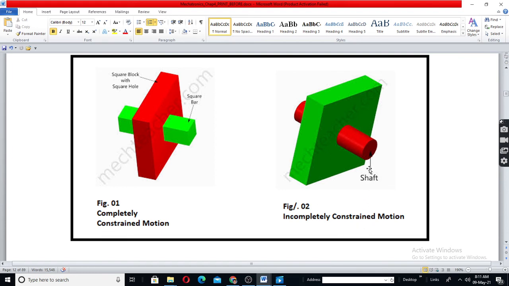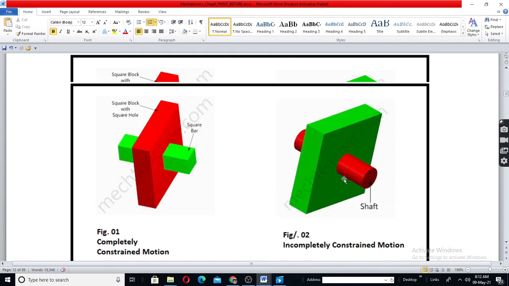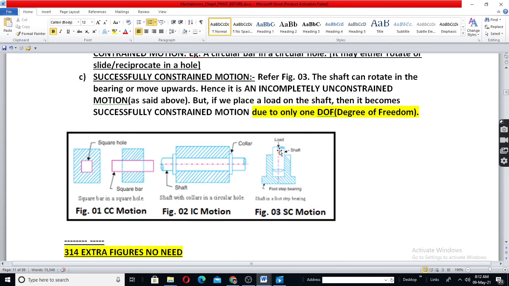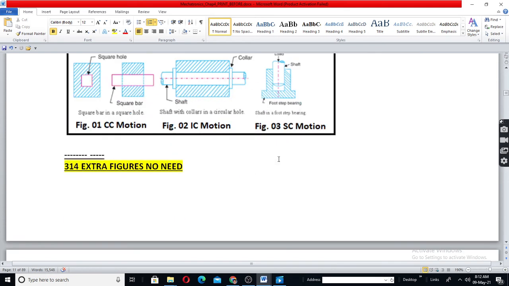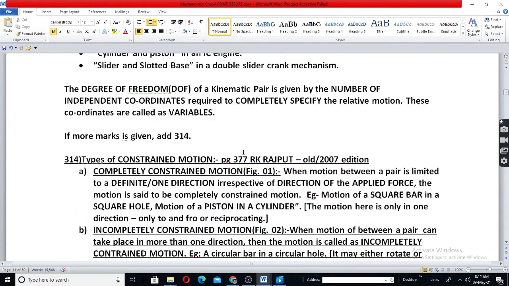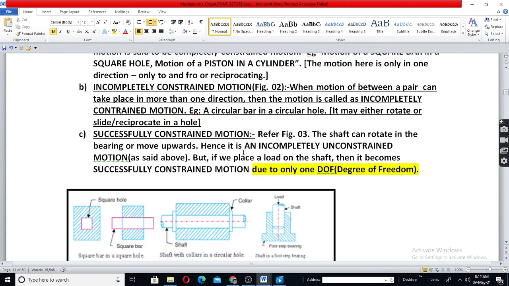Suppose you remove the load, by nature it is incompletely constrained. But you put a load or spring here, then it becomes successfully constrained. Completely constrained, incompletely constrained, successfully constrained.